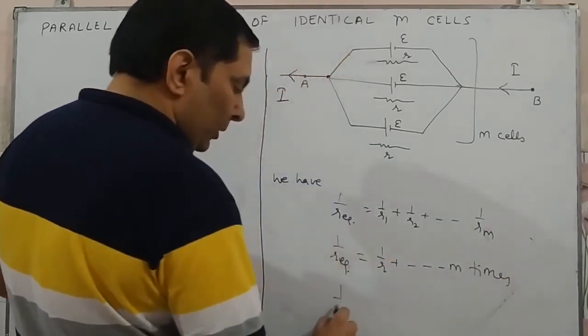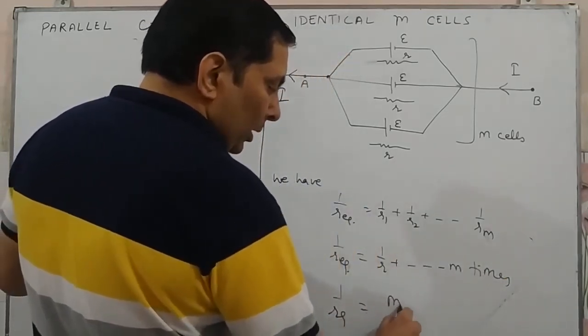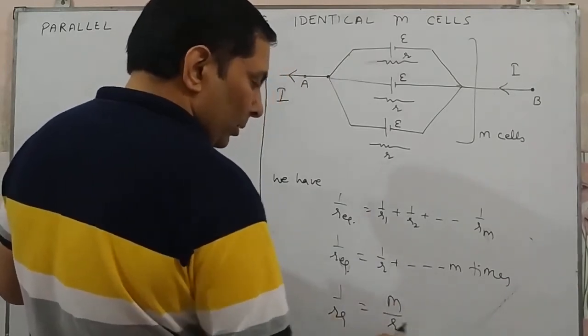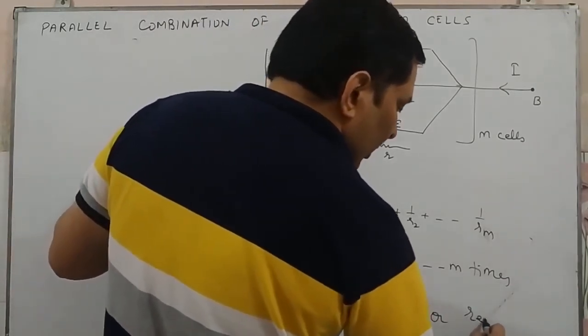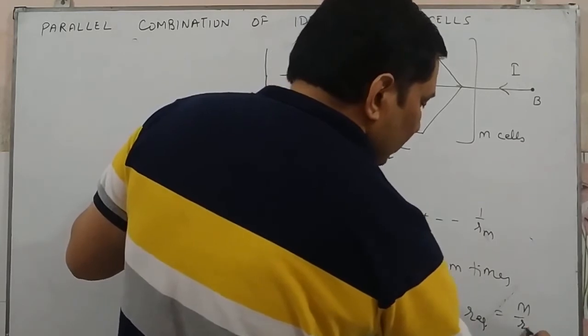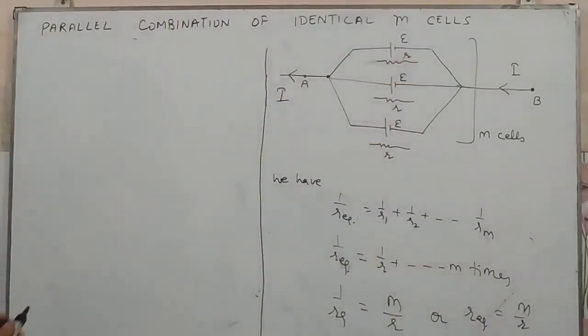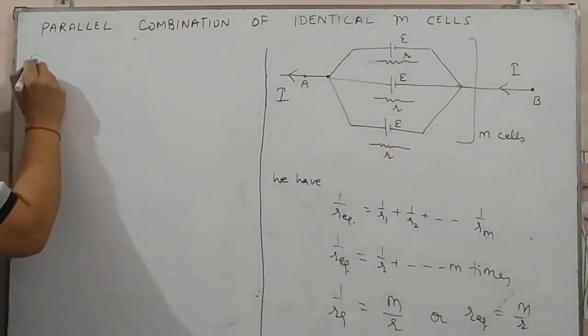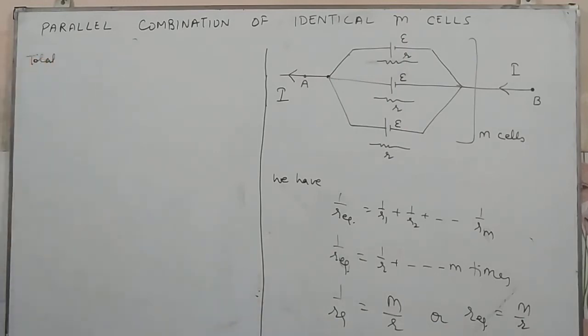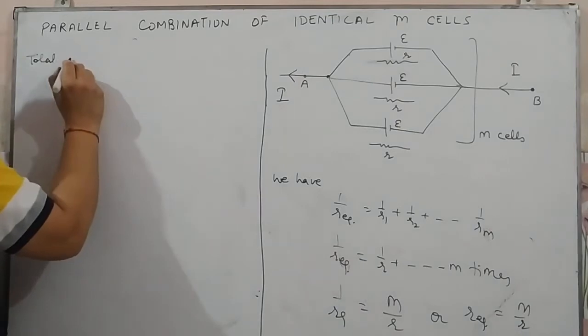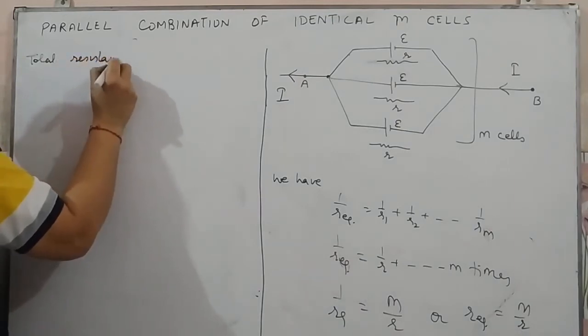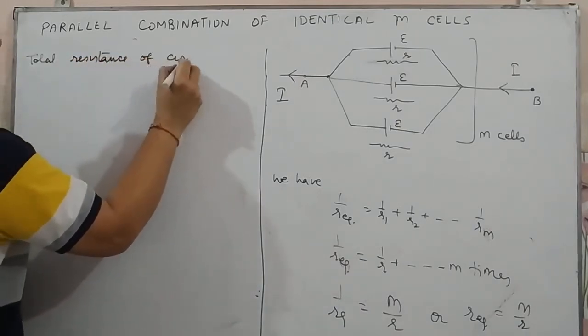The result will be 1 upon R equivalent is m by r, or we can say R equivalent is equal to r by m. Now the total EMF of the circuit is total resistance of the circuit.